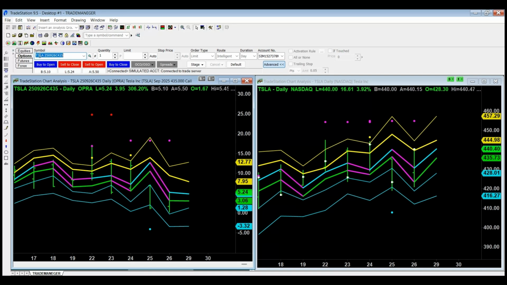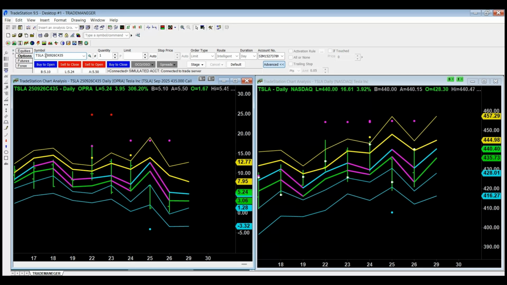That means Tesla, C means a call option. If you buy a call option, you expect the price will increase. And if it increases to your strike price, then you will earn a lot of money.